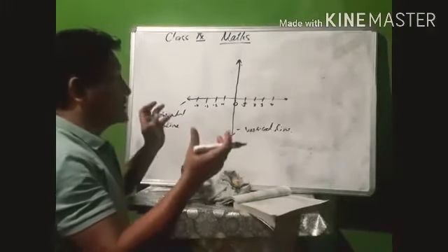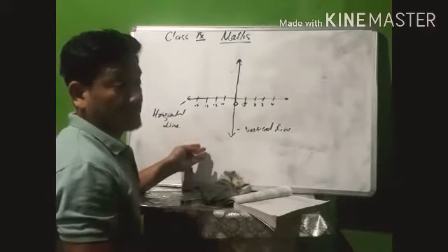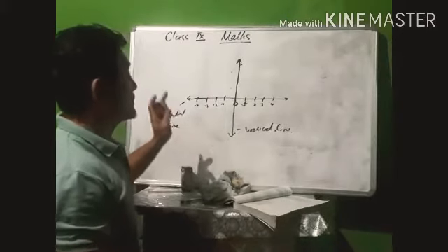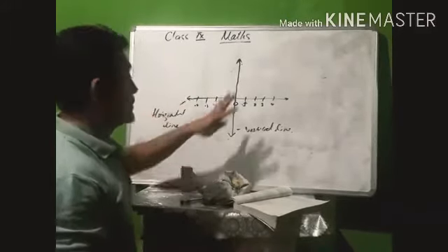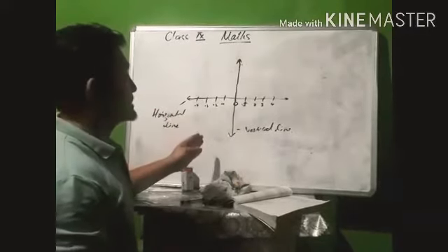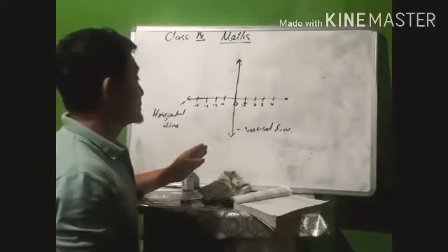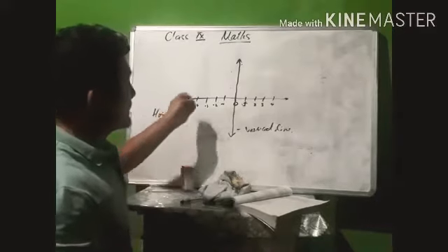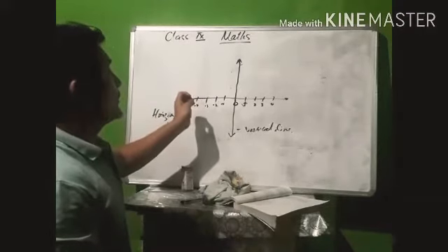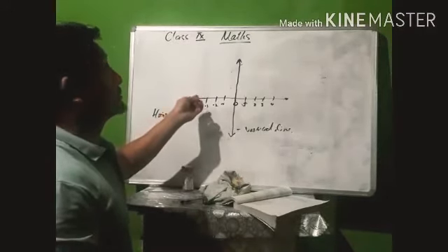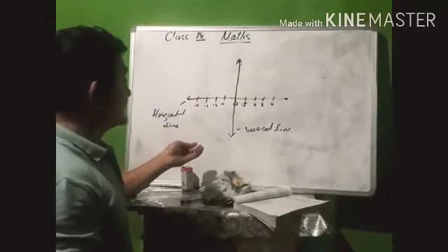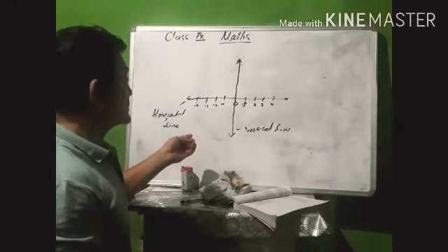If you mark a point on this system, which is called the Cartesian system, you can locate that point and also give its position.